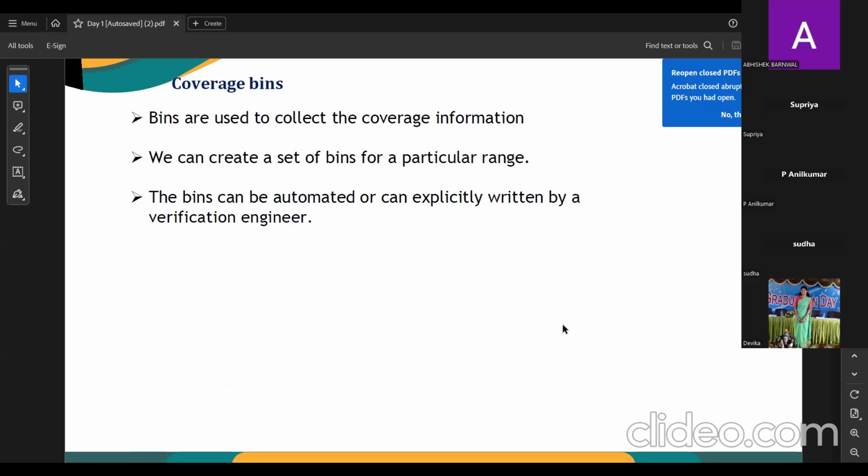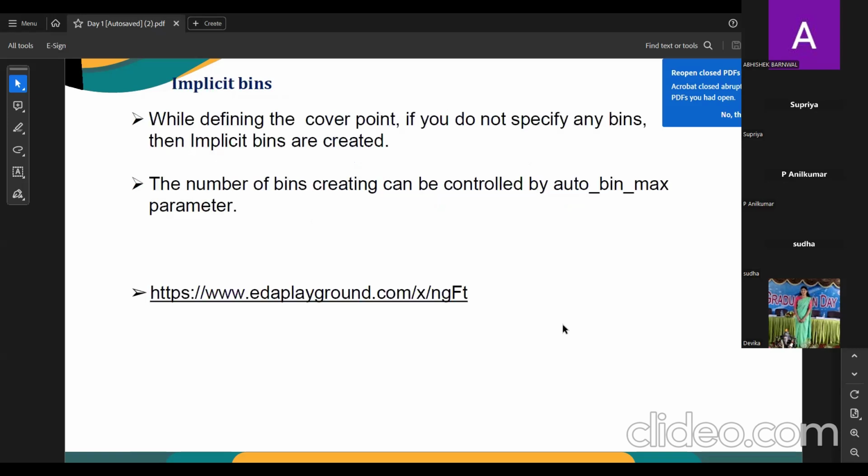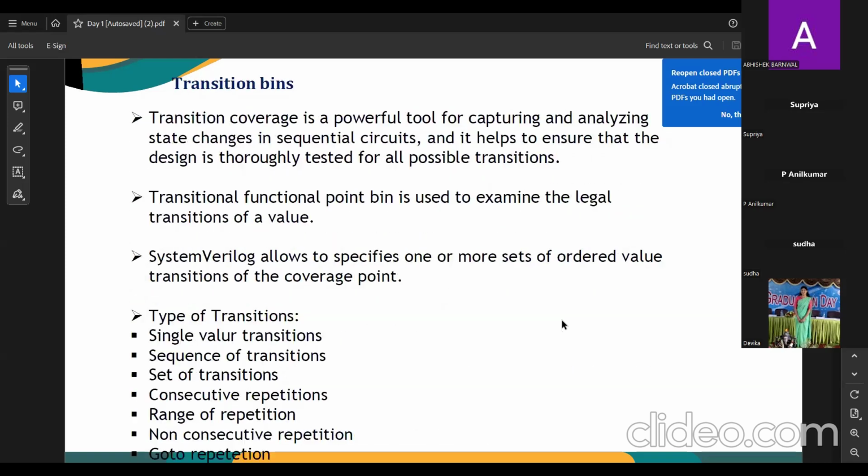When we use illegal bins, we will get an error in the output, and there will be no error with ignore bins. Is the illegal bins error a runtime error or a compile time error? It's a runtime error. Okay.